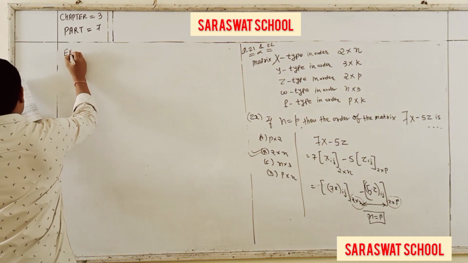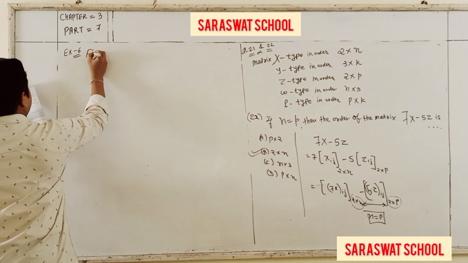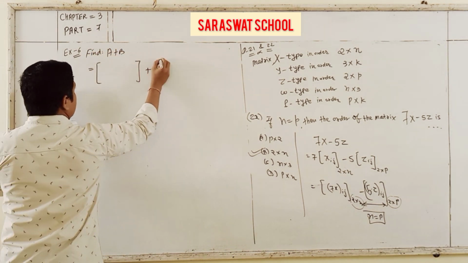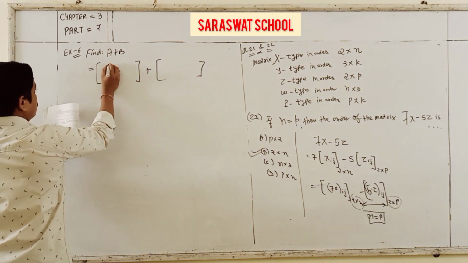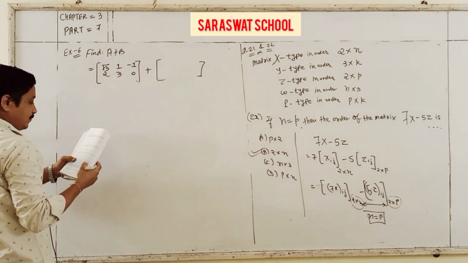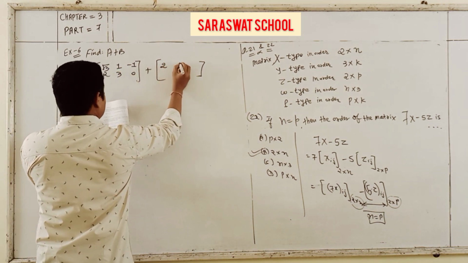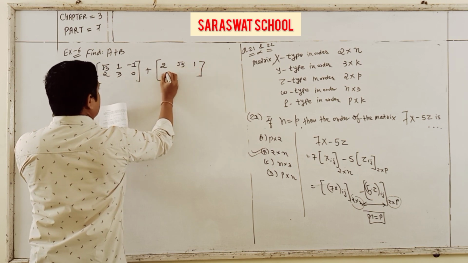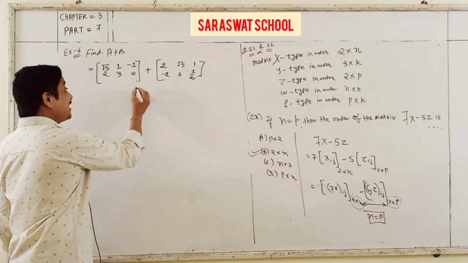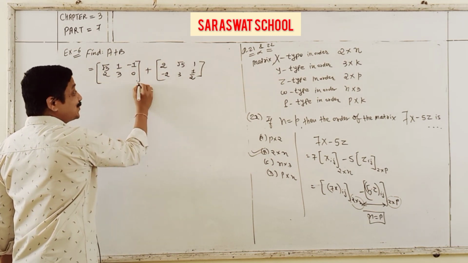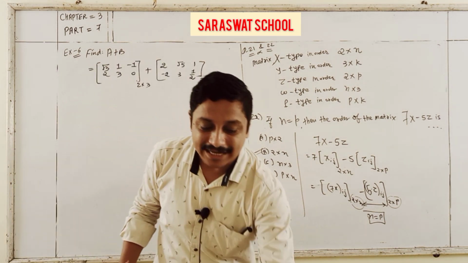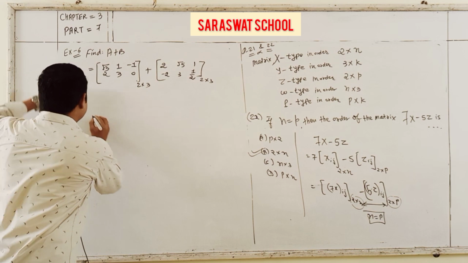Example 6, find A plus B, where A given plus B given, A root 3, 1 minus 1, 2 3 0, 2 root 5 1, minus 2 3 and half. First check, it is data same, yes, 2 row 3 column, 2 row 3 column, and both type is same, so you can take additions.